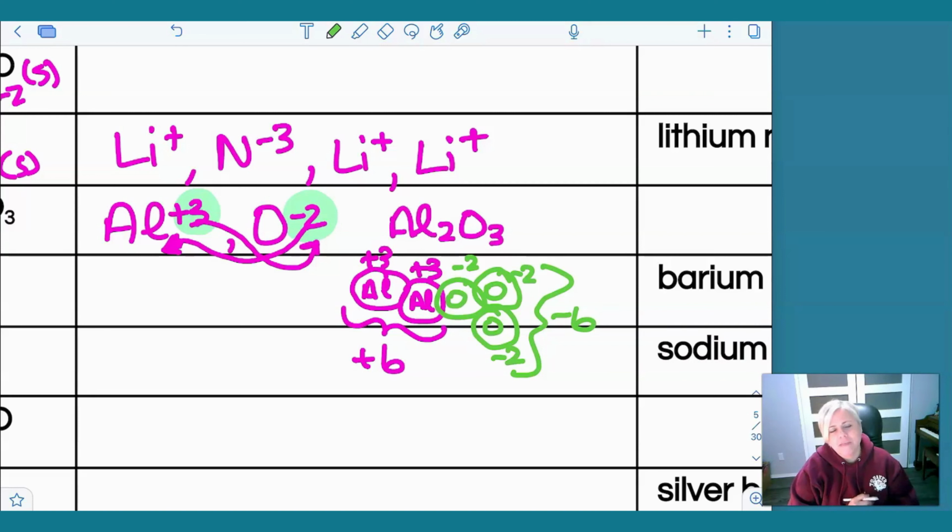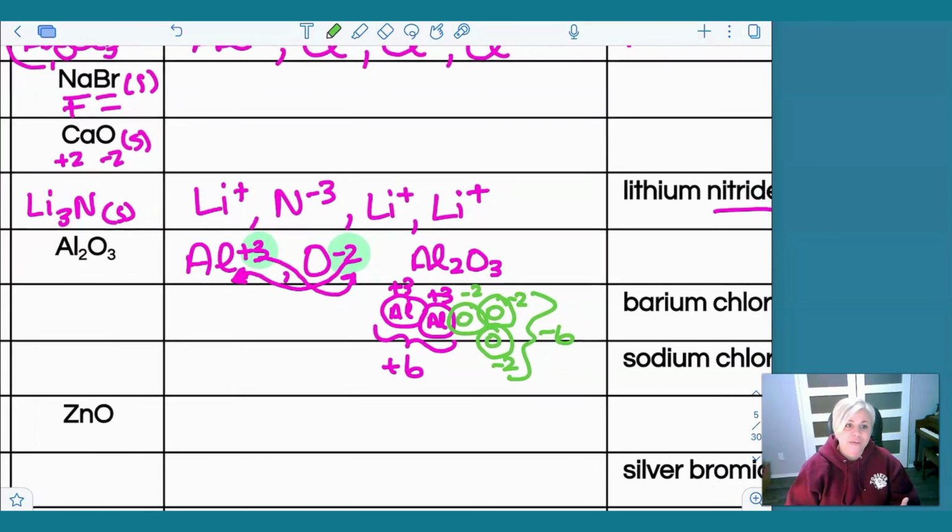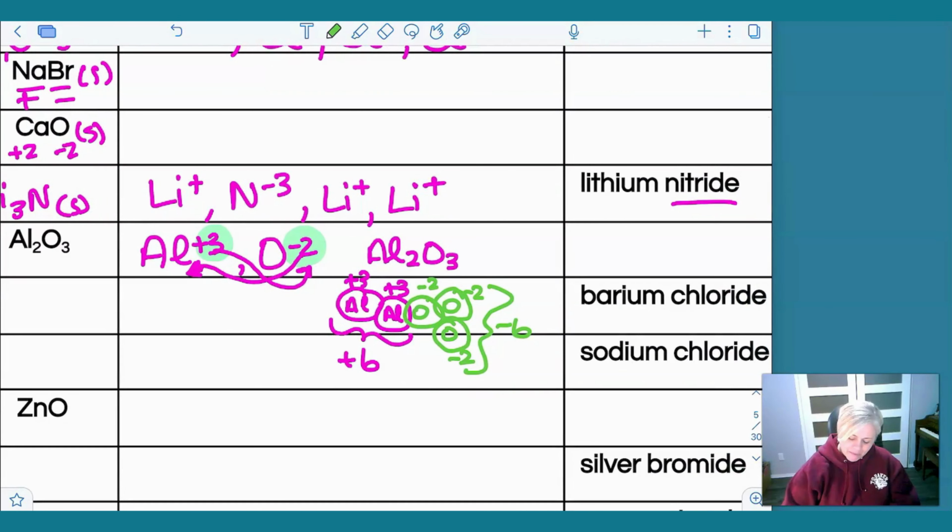The only time that the crisscross method does not quite finish it is if it can be reduced further. Okay, so with ones and something else, it always works. We could have done it for the lithium and nitrogen one quite nicely. I'll just show you here. Lithium is a plus 1 and nitrogen is a minus 3.